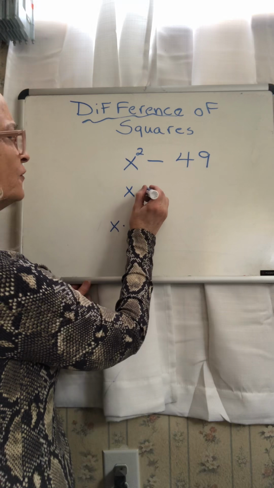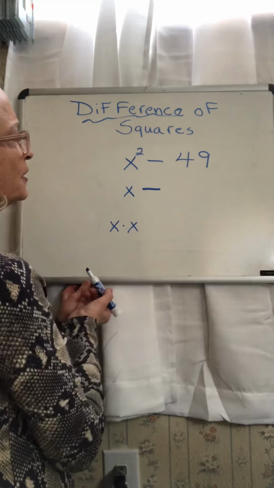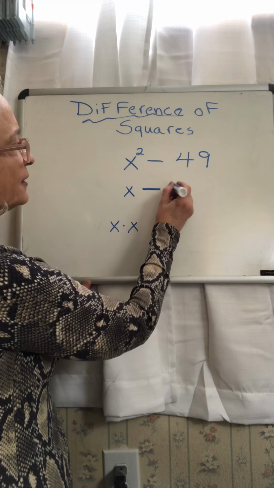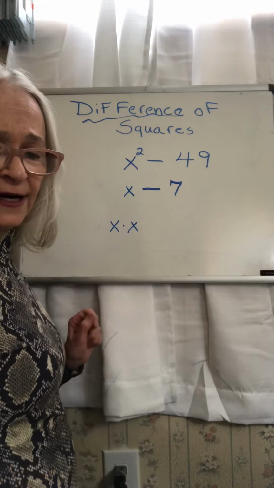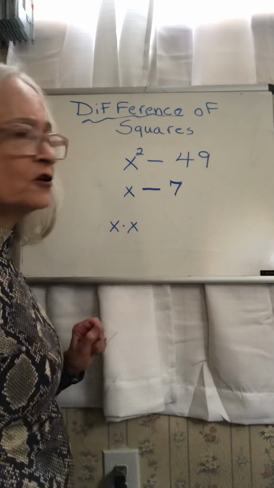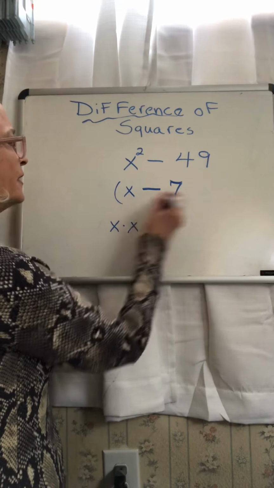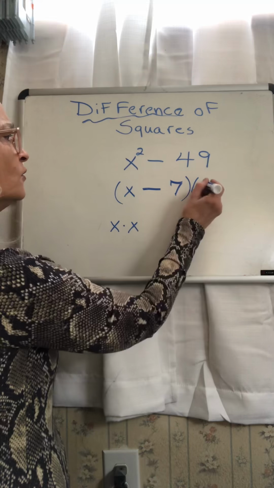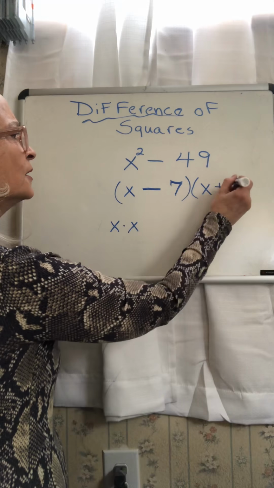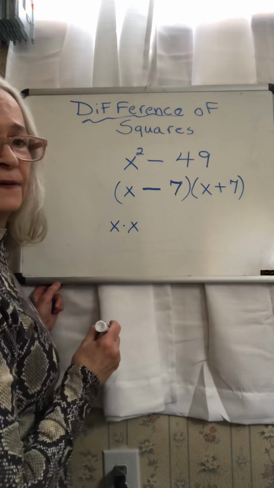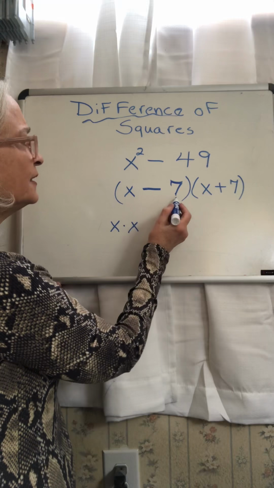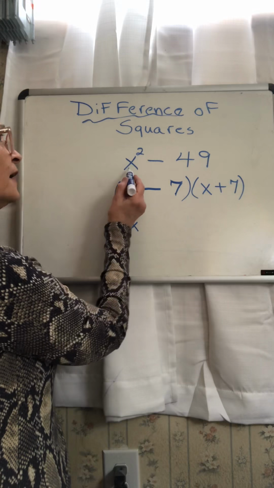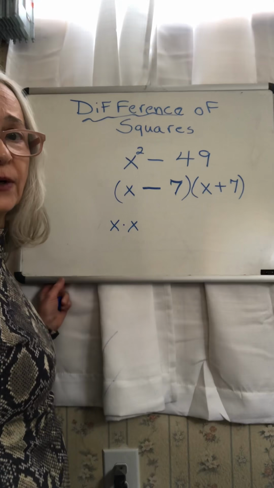Then I would use either a plus or a minus. I'm going to use a minus. And the square root of 49 is 7. Again, if you don't know that, use your calculator. And you put parentheses around that. And then you go ahead and make another binomial, only this time you're going to put the plus sign, okay? So x minus 7 times x plus 7 is the factor of a difference of squares of x squared minus 49.